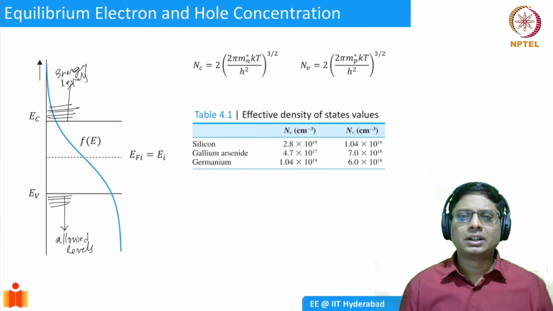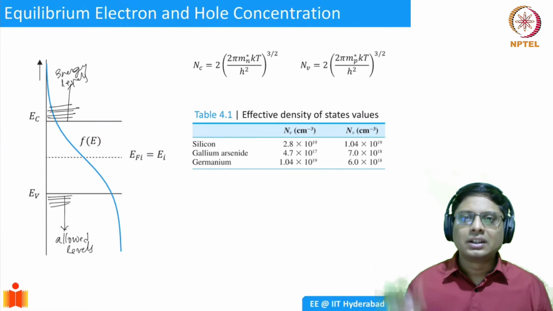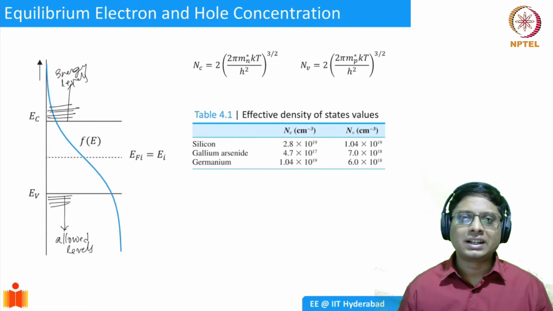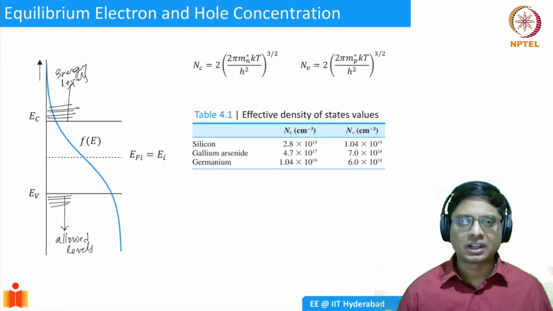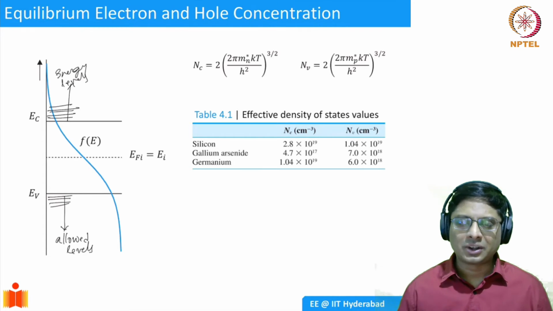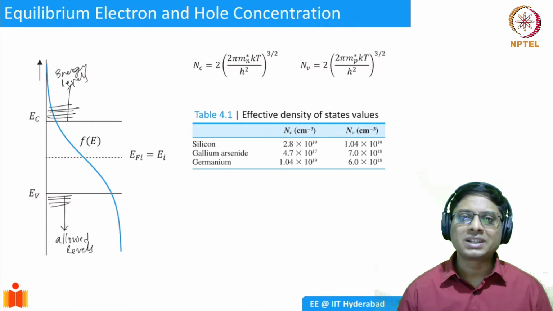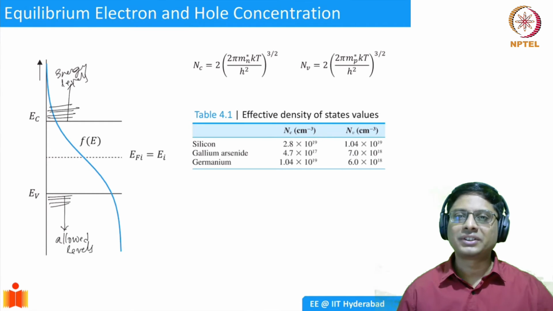To understand the effective carrier concentration, I like to think of it in terms of a classroom. Think of a large class, maybe 100 plus, 200 plus students, and you want to calculate how many students there are. That would be equivalent to calculating the number of electrons in the conduction band.